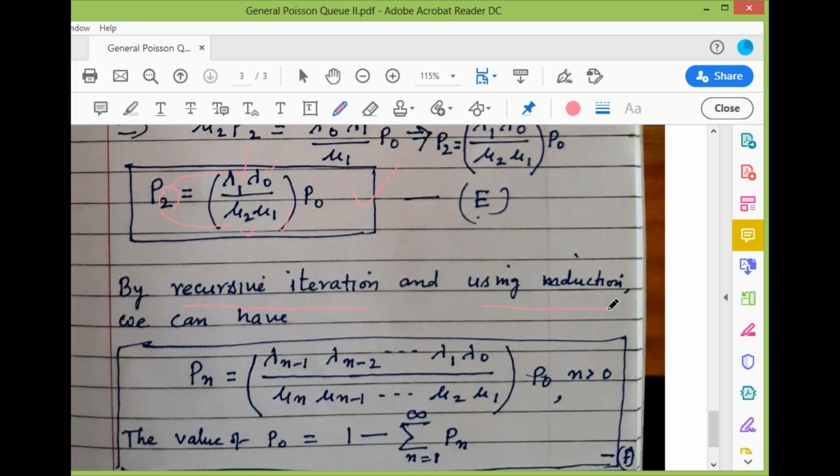And by induction, we get the expression Pn is equal to lambda n minus 1 down to lambda naught, over mu n, mu n minus 1, down to mu 1, times P naught. You look here, the same rhythmic situation is here. Lambda n minus 1 is first, and last is lambda naught, the lowest. Then you start from mu n and mu n minus 1, and last is mu 1. P naught is as it is. The condition is n greater than 0.